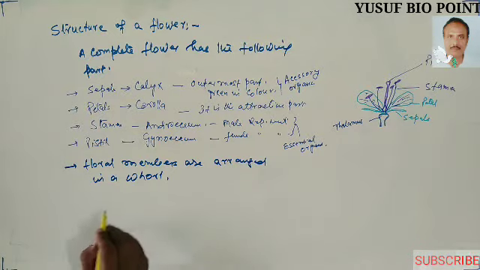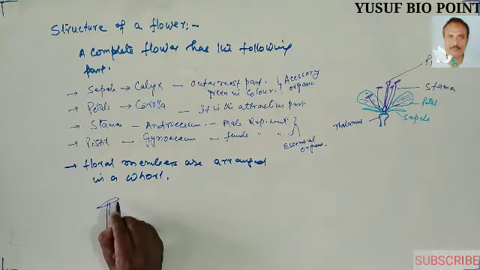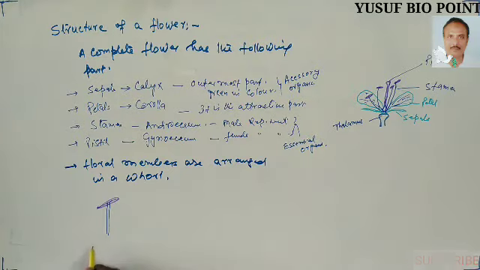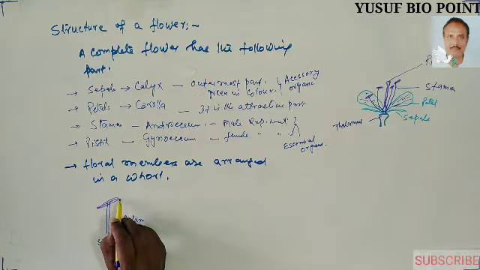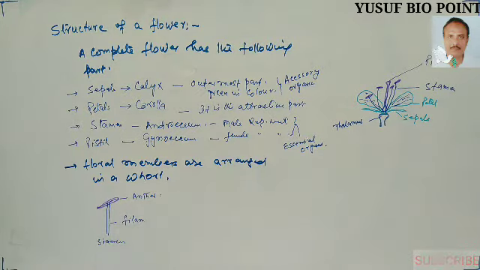First you see the structure of a stamen. This is the stamen. It is called filament, and it is called anther.